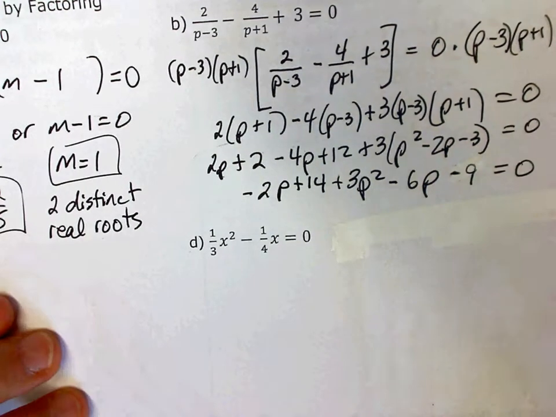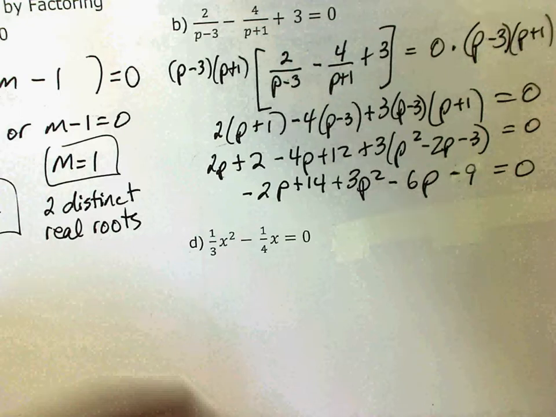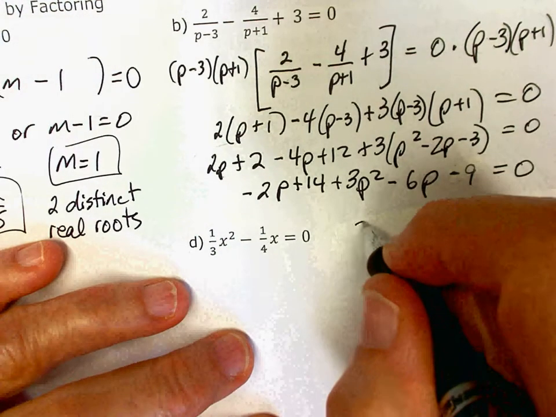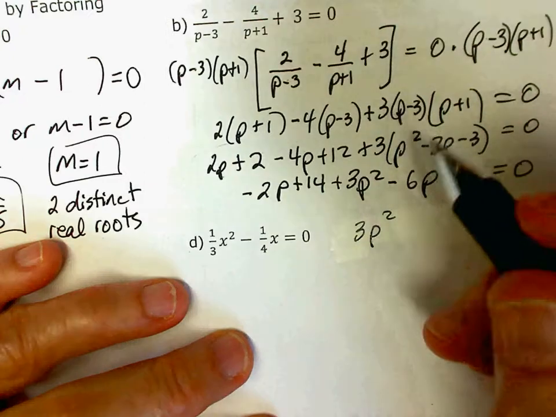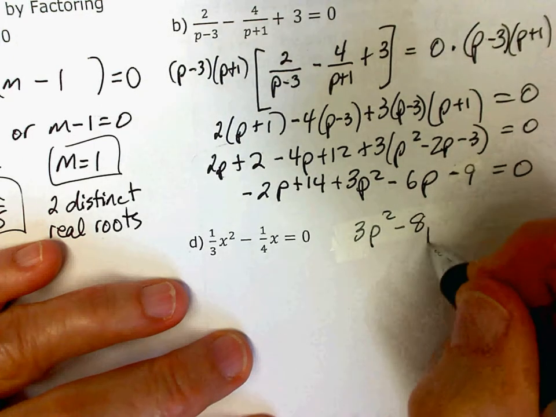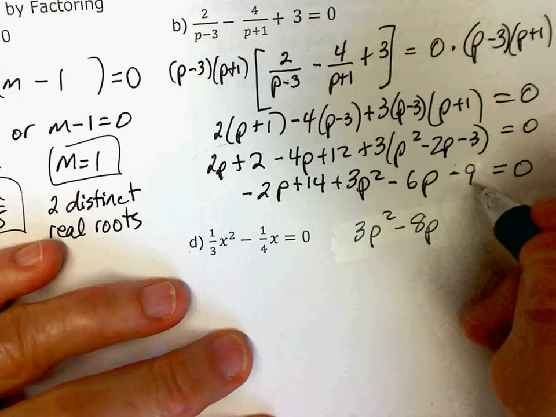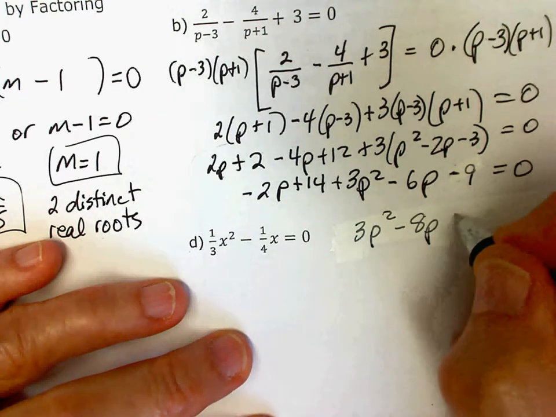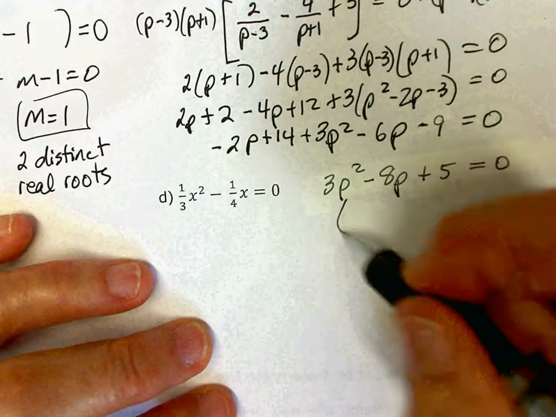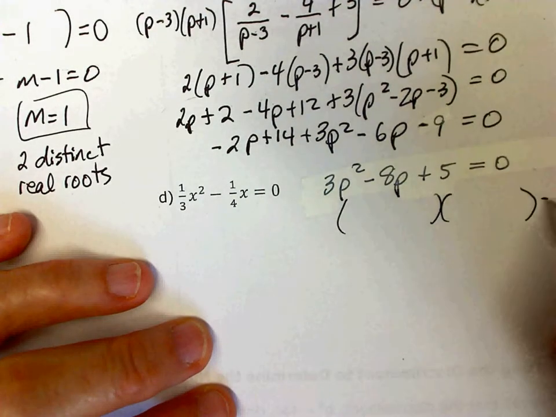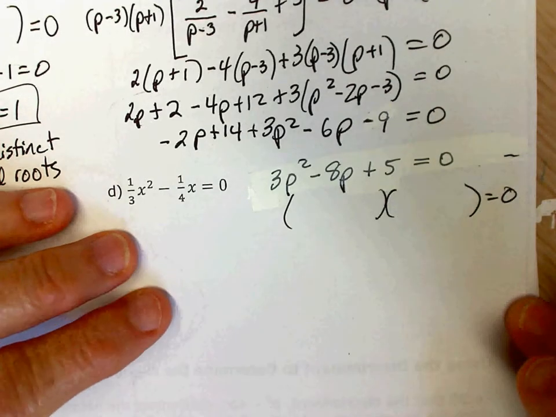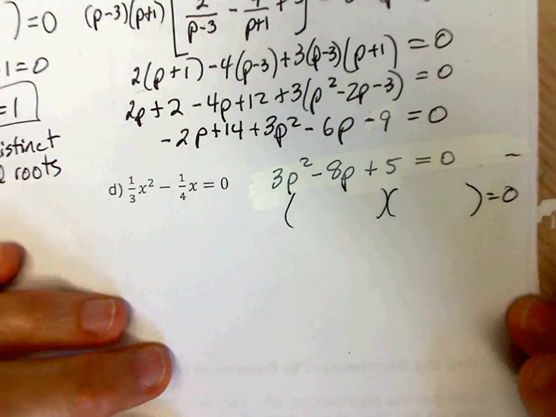Collect like terms, right? It's just the number crunching. 3p squared minus 8p. 14 minus 9 is plus 5. Okay, so I'm going to factor again, just jump right into it. If you need a review of factoring by decomposition, I can do that with you one-on-one. To get a 3, there's only one way.